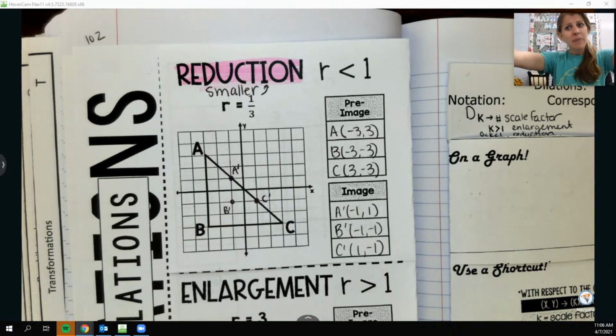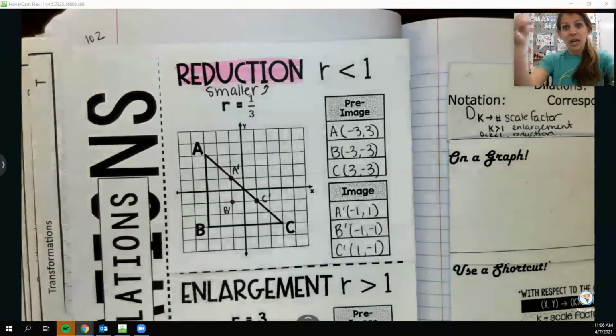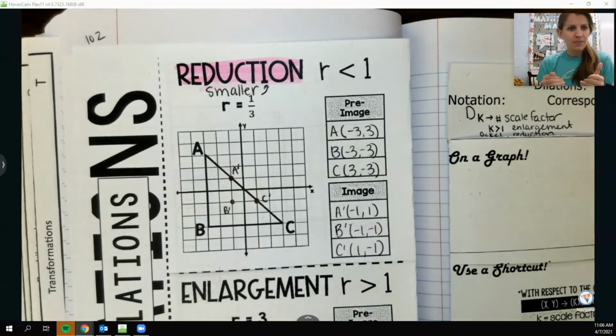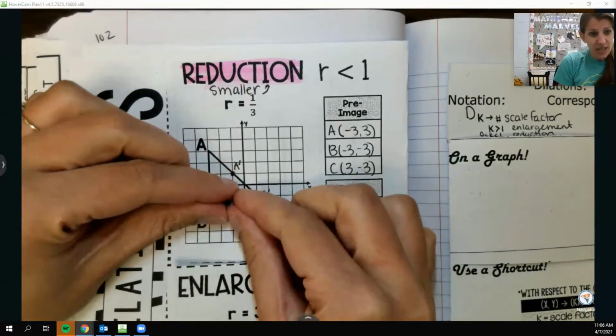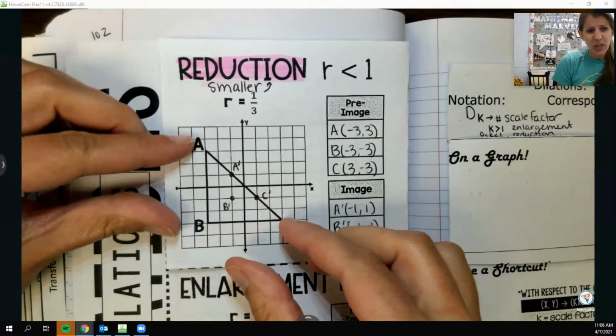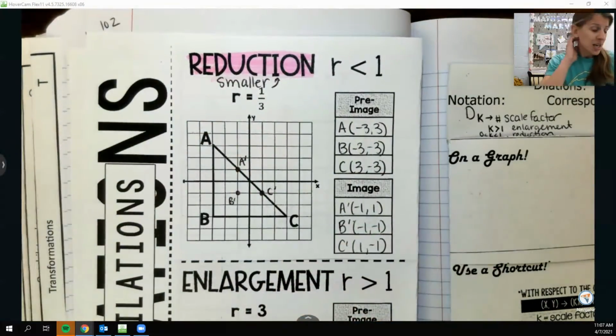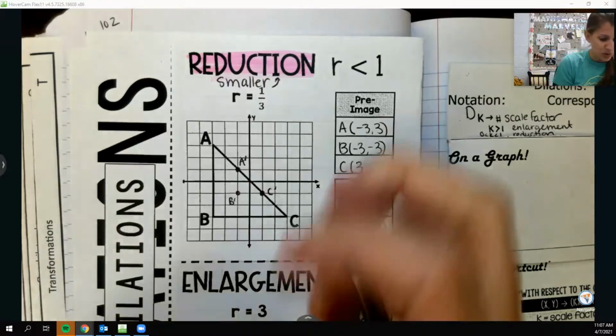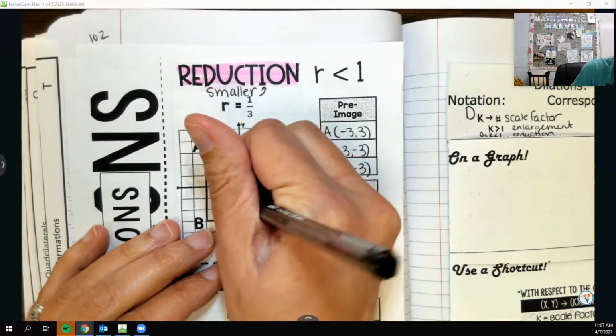Versus if it's already big and then I'm going to dilate and shrink it in, it's going to smush in and get closer to the origin. So not only is it going to smush in size, it will also sort of get closer to the origin or further away, depending on if you're getting bigger or smaller. So it's not like it just gets sucked into itself, because it's really getting sucked into the origin. So it's going to get closer to your origin.